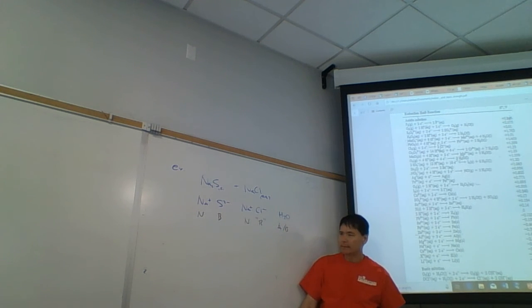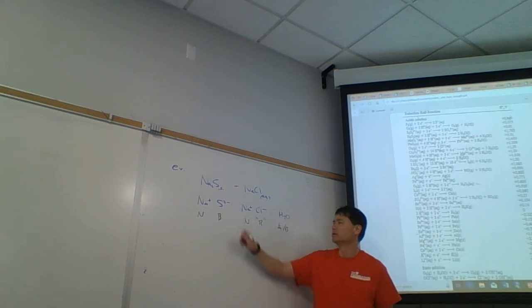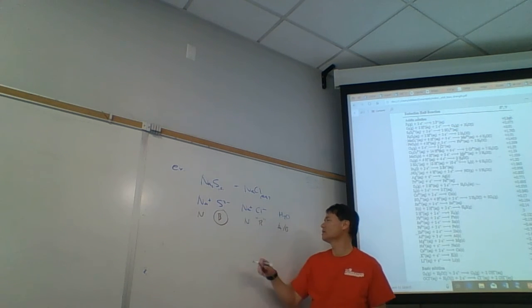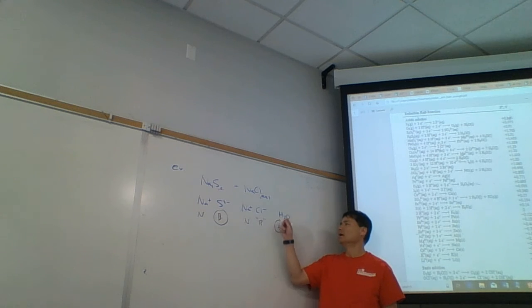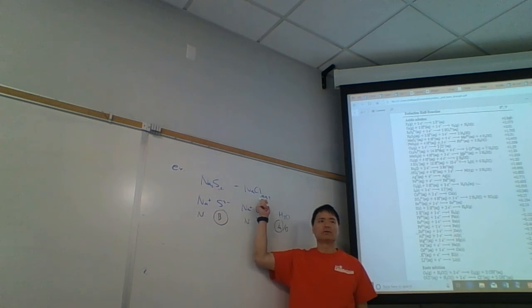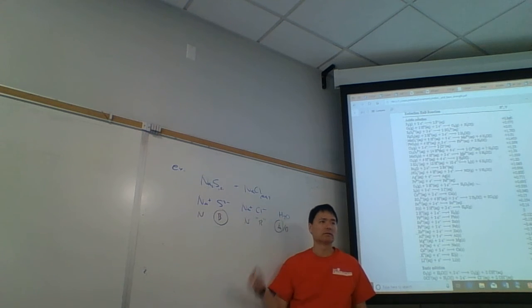Water, acid base. And so when we look at this reaction, there's only one acid. But there are two bases. So which one's the stronger base? It's the sulfide. And the strongest acid present? Water. So the reaction isn't between these two. The reaction's between this and water.